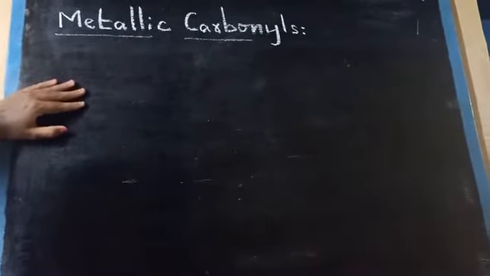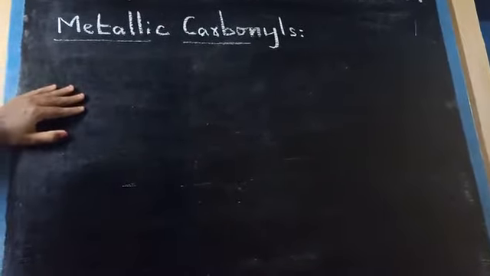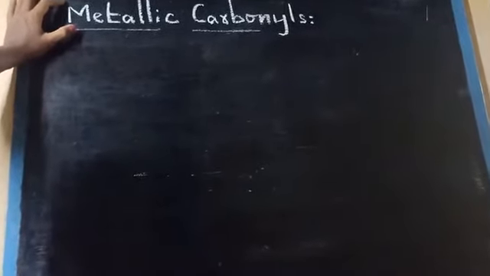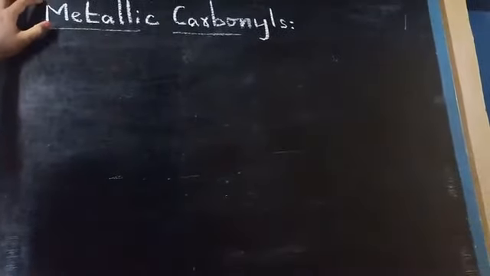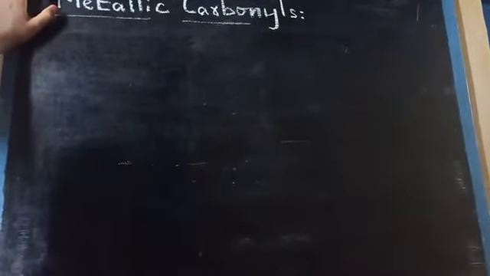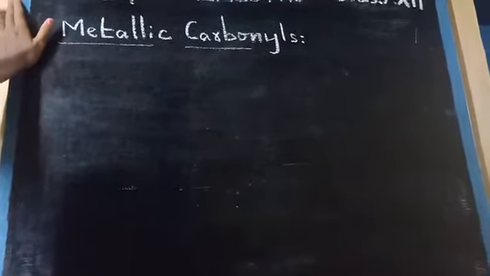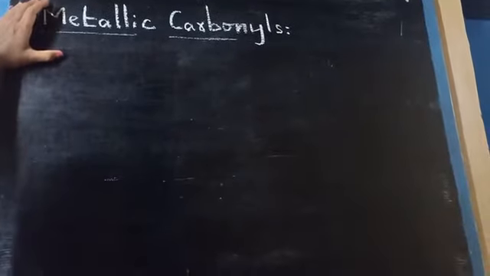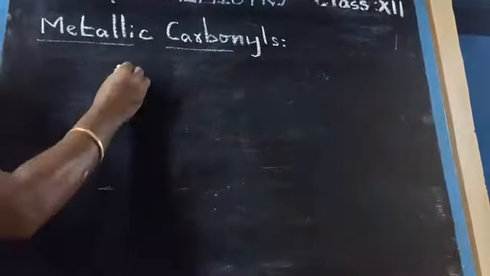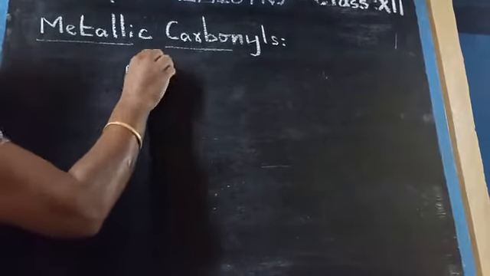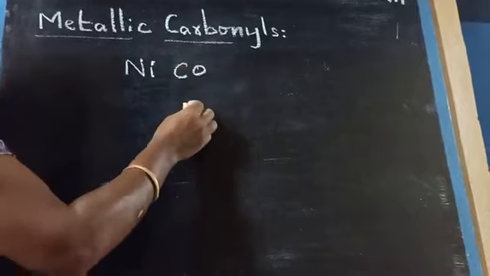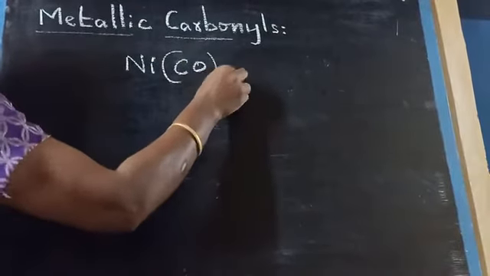Next topic, metallic carbonyl. Now we have studied the transition metals. The coordination complex is combined with only the transition metal, so transition metal with carbonyl group. See one example: transition metal nickel, carbonyl CO, four times.